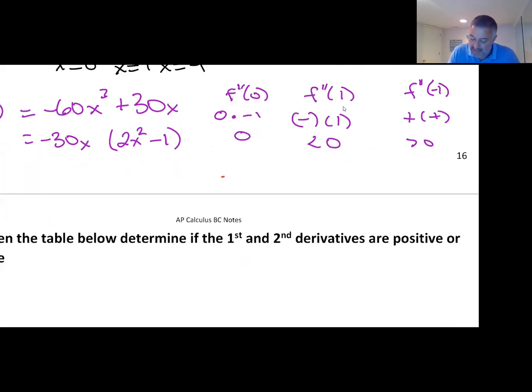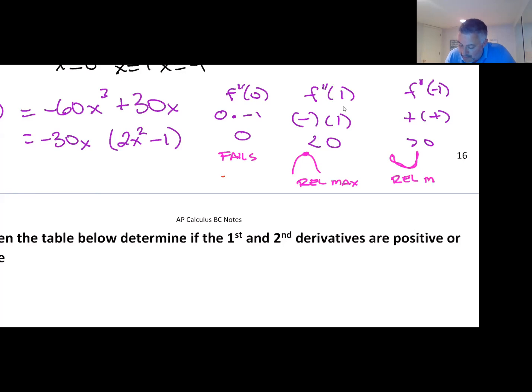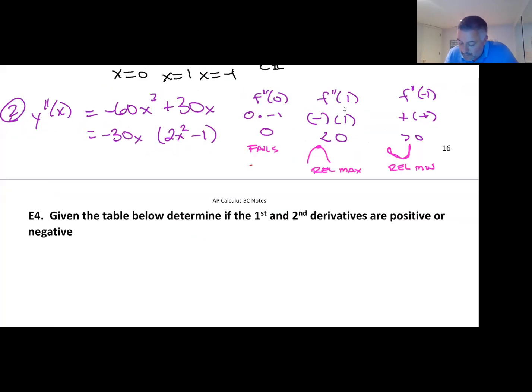At 0, my test fails. At 1, I am less than 0, so I'm concave down, and therefore I have a relative max. And at negative 1, I'm concave up, so therefore I have a relative min. I'm only going to write one of them, but we should do it for both.